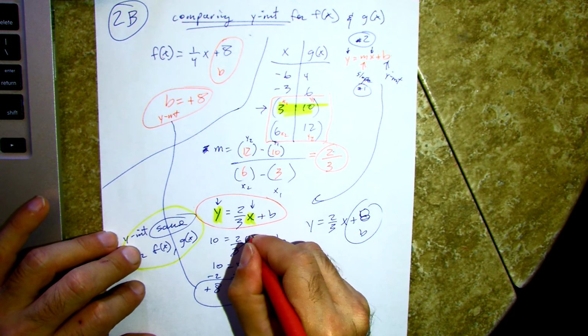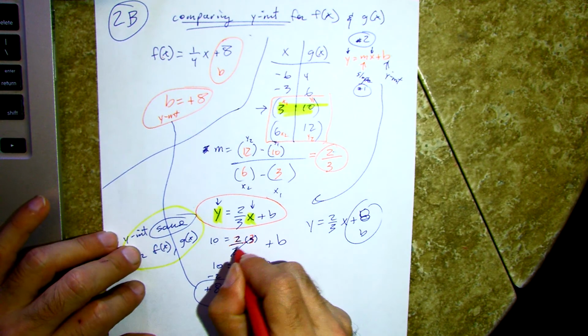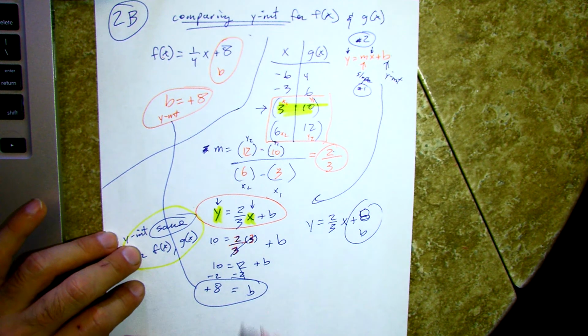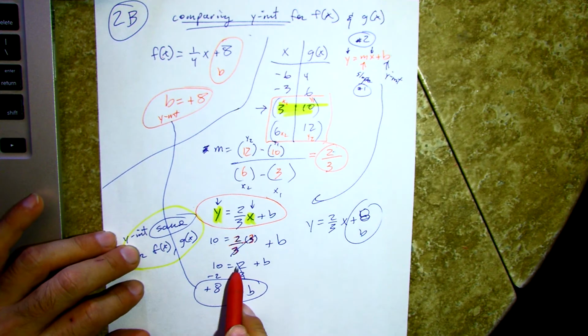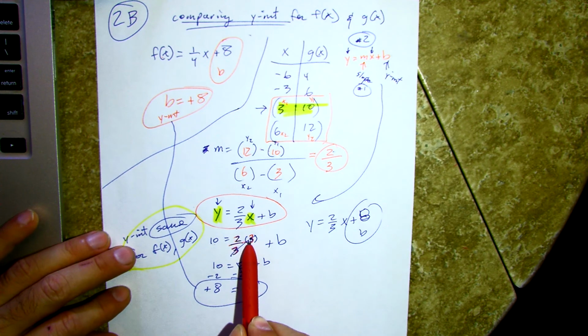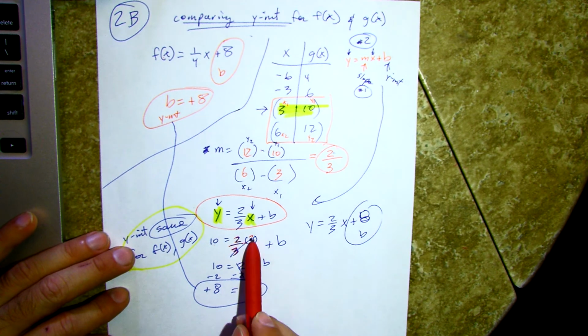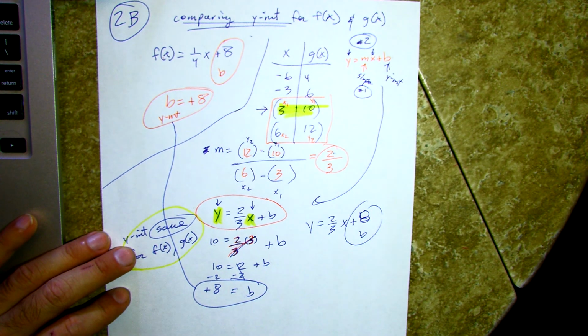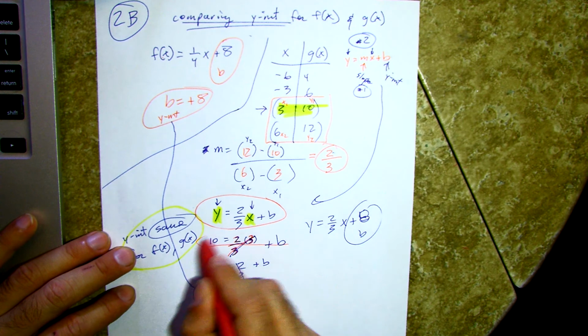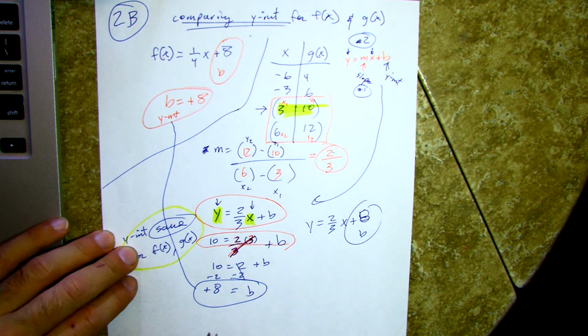If this x is 3, and we have the slope of 2 over 3, the reason why I can end up with 10 is equal to 2 plus b is because 2/3 times 3, 2 times 3 divided by 3, 3 over 3 we can cancel out because 3 over 3 is 1. The 3's gone. So it's 10 is equal to 2 plus b. Now I subtract 2's and I get my b is 8. Now I just figured it out.